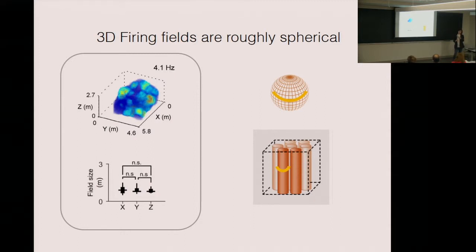We were just wondering, is it roughly spherical? We see in many of the cells it is roughly spherical, and they don't all have the same shape. Some of them are a little bit more pancakey, some a little less.